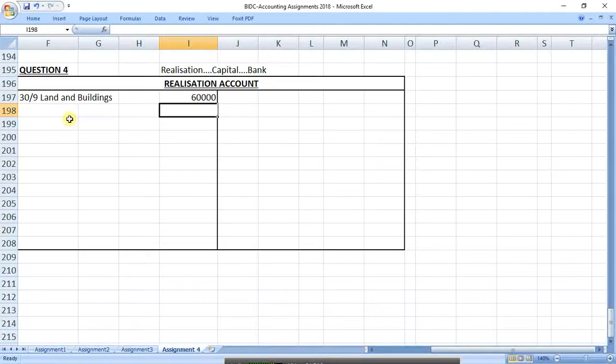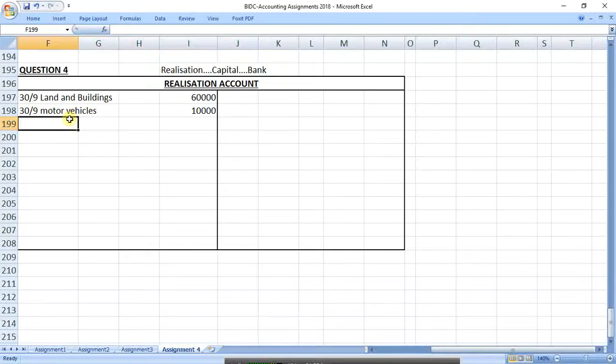What else are they going to be closing off? What's the next account? Same story. You close off that account by crediting it, so if you credit that account, you must debit this account. 10,000, yes. Next, what else?